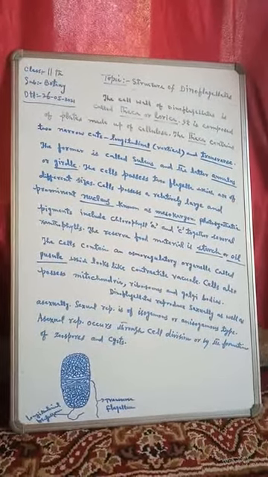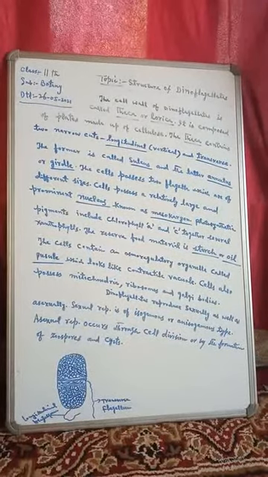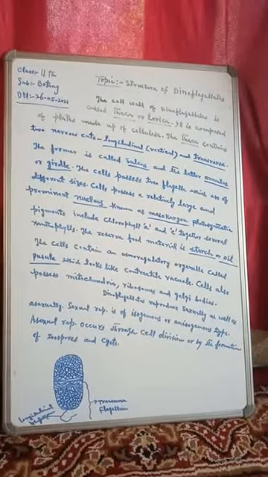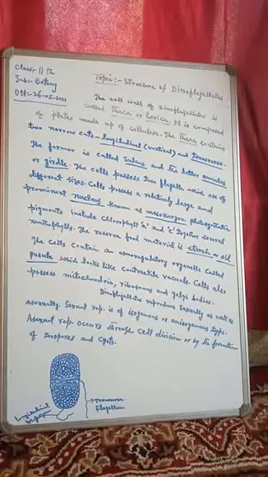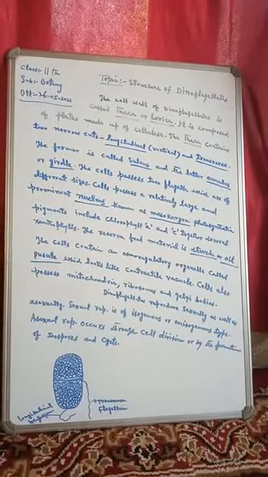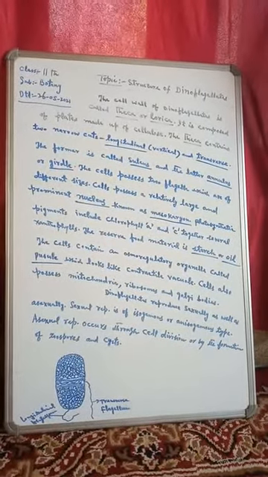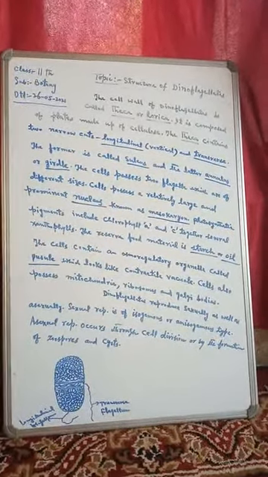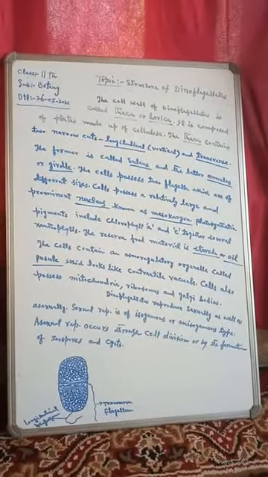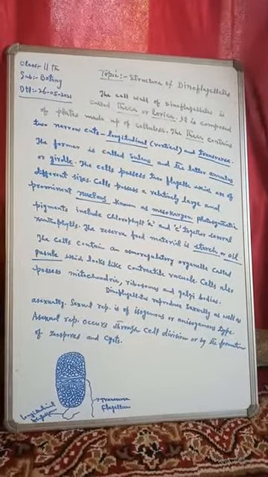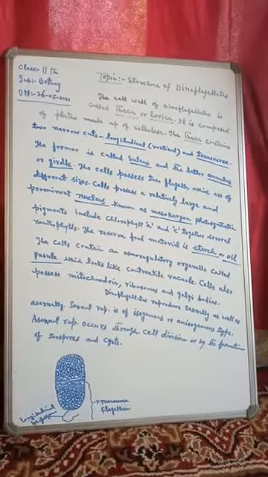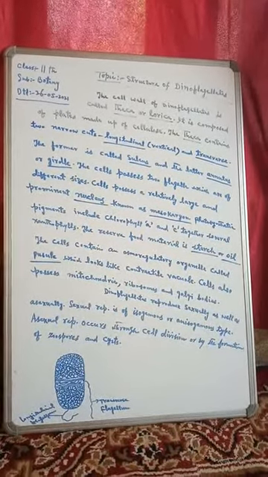Regarding the structure of dinoflagellates, the cell wall of these dinoflagellates is called theca or lorica. You should remember that in the majority of cases each cell has a cell wall, and this possesses also these dinoflagellate cells.